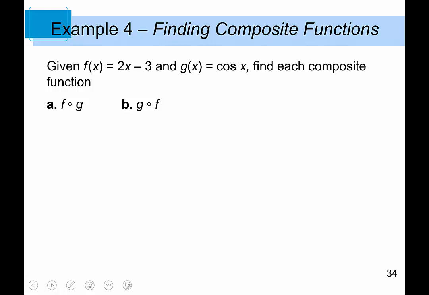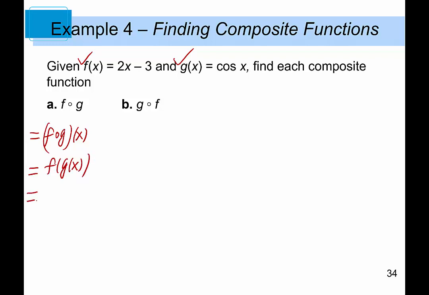Here, let's take a look at an example. Let's say f of x equals 2x minus 3, and g of x equals the cosine of x. Let's find each composite function. First, f composite g, which is basically f of g of x.